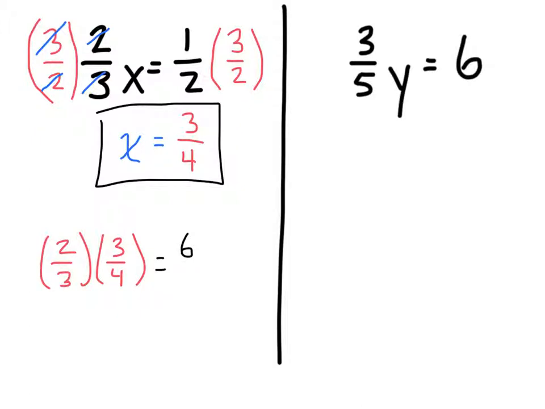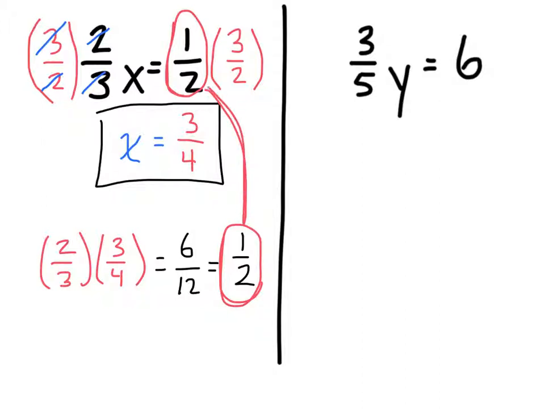And then we have 3 times 4, which is equal to 12. And what is 6/12 reduced down to? 1/2. So this 1/2 right here is the exact same as this 1/2 right here. So our answer is correct.